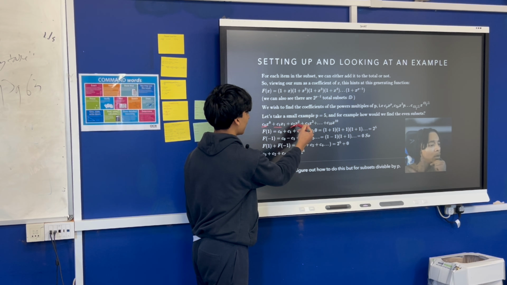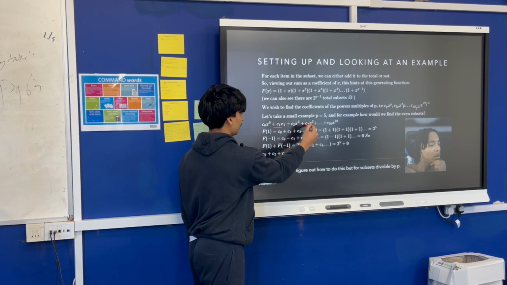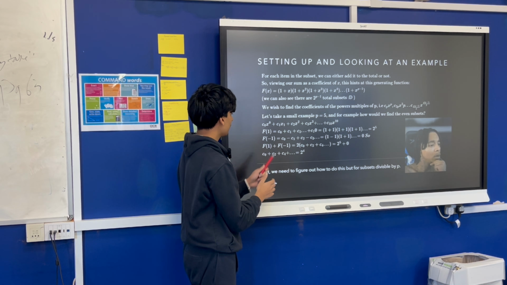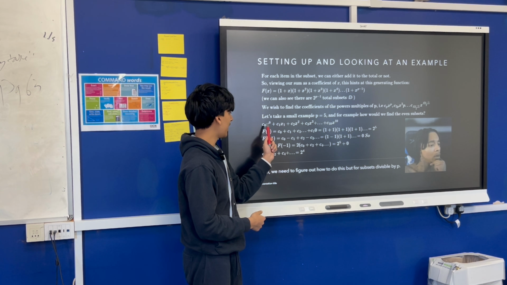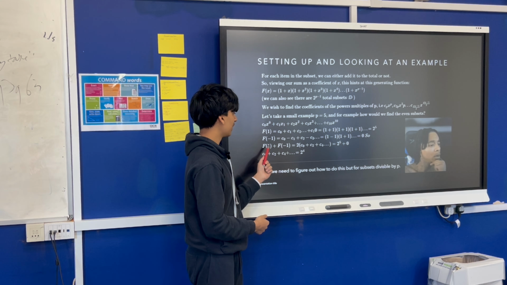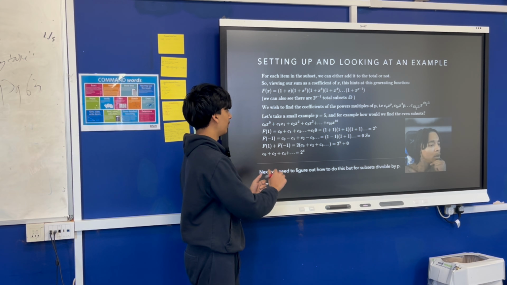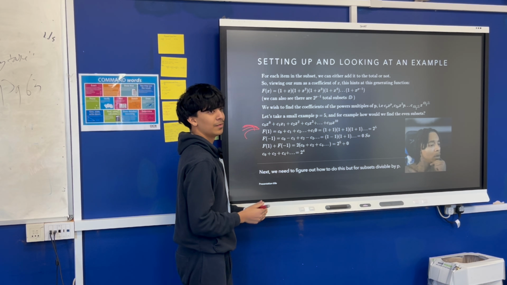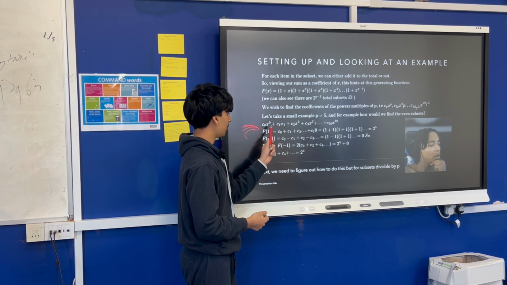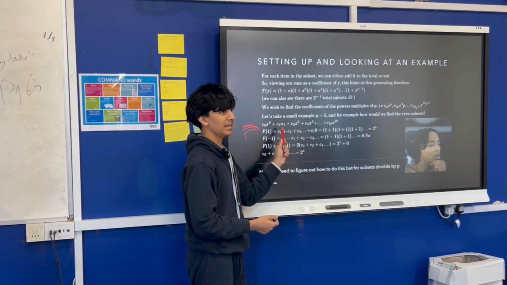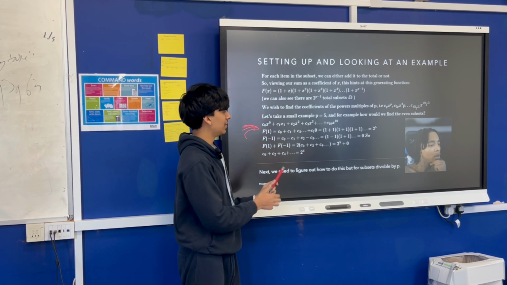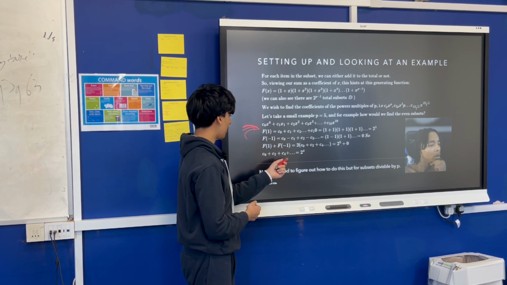Not the brackets, but you look at this sum when you're trying to find coefficients. When you plug in 1, all of the x's go to 1. Plug in minus 1, they alternate between 1 and minus 1, rotating with a period of 2. Then when you add them up, you will only get the even ones. And you've counted them twice, by the way, so you divide by 2 in the end.